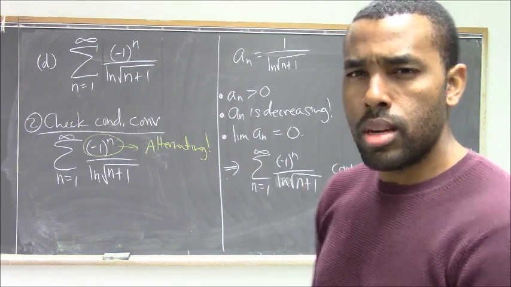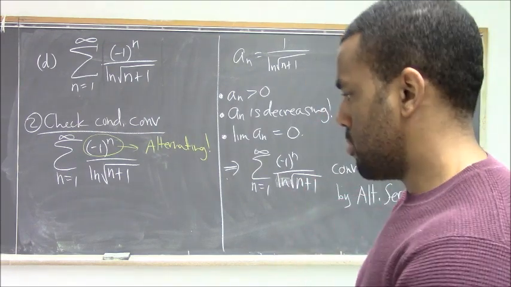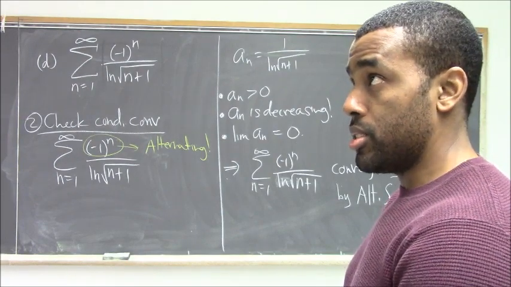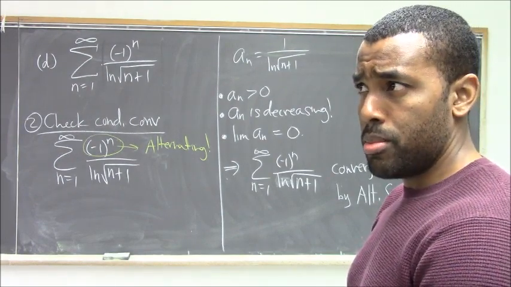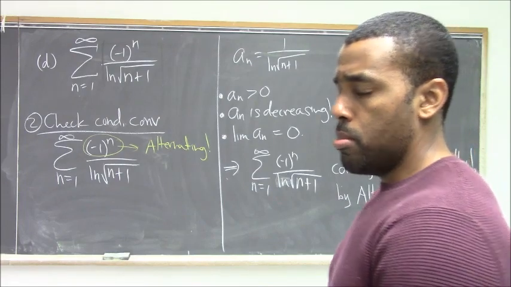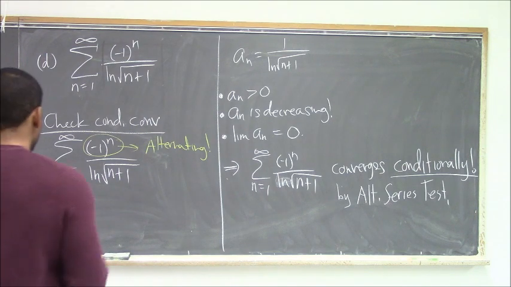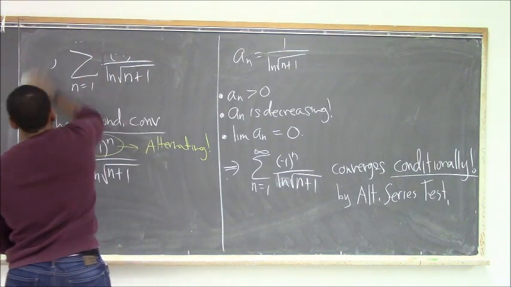How much time do we have? Okay. So we have about 17 minutes left. I don't know how much I can do in 17 minutes based on the next topic. But essentially, this ends series convergence tests.